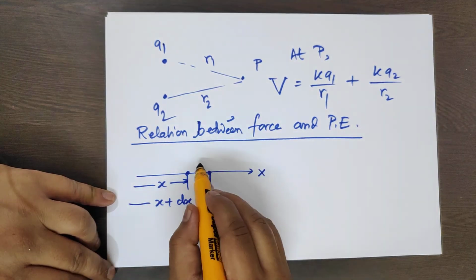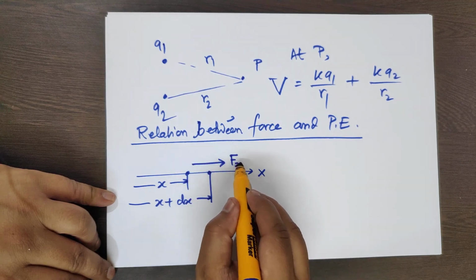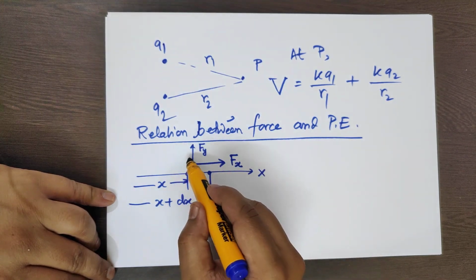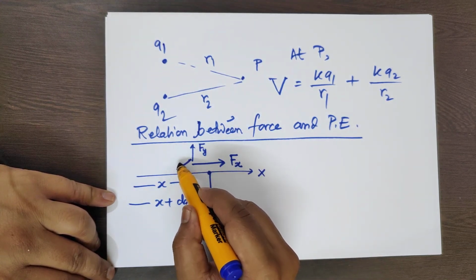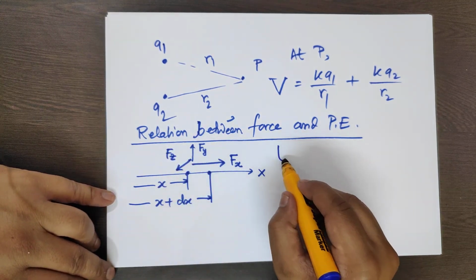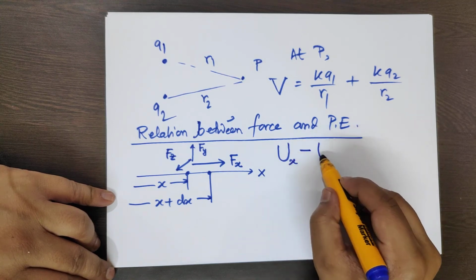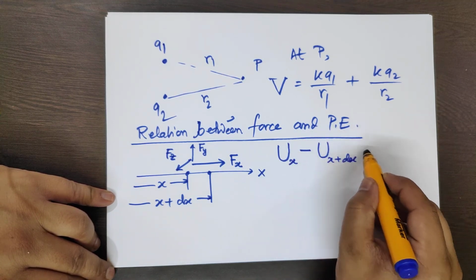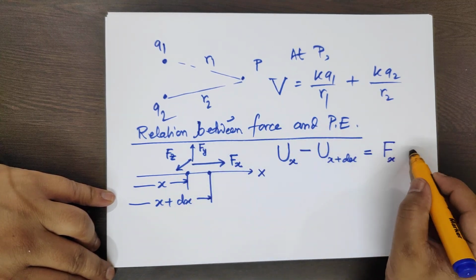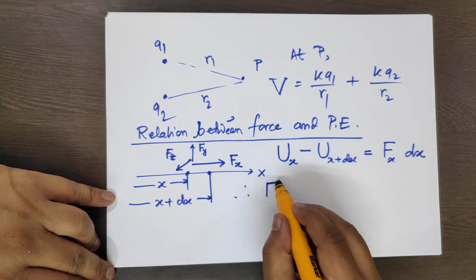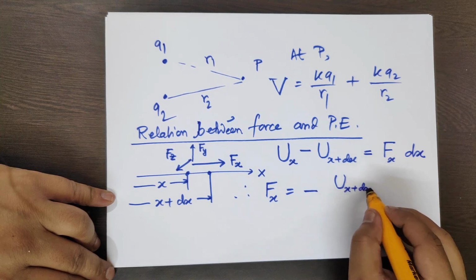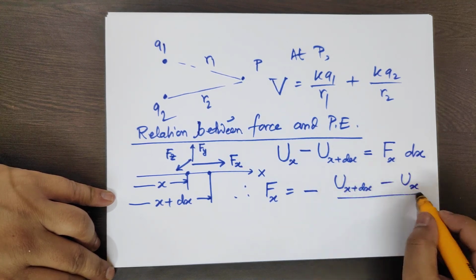There happens to be this force Fx, and obviously there may be Fy and Fz also, z perpendicular to both. But U at x minus U at x plus dx equals only the work done due to Fx matters, Fx multiplied by dx. Therefore, Fx equals, we will put a minus sign, U at x plus dx minus U at x divided by dx.